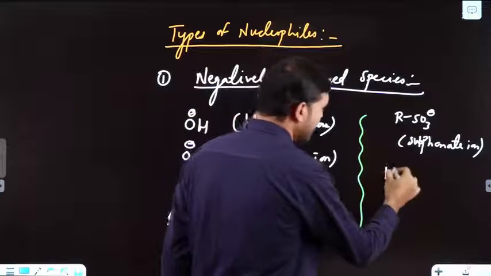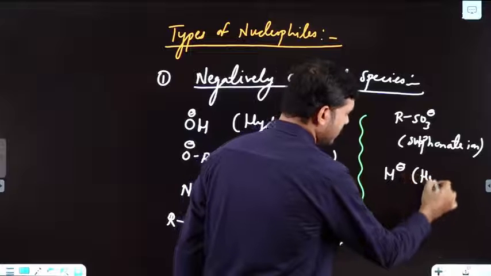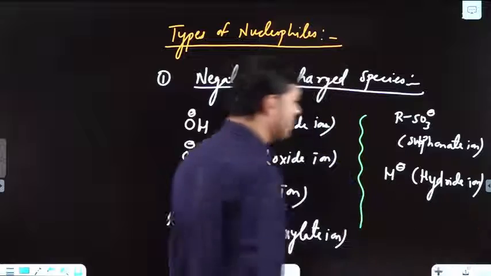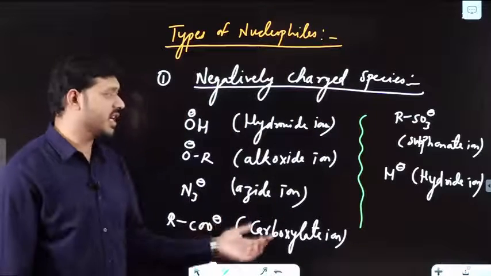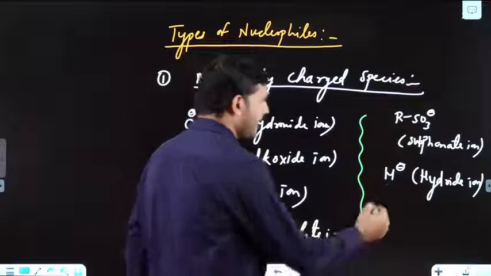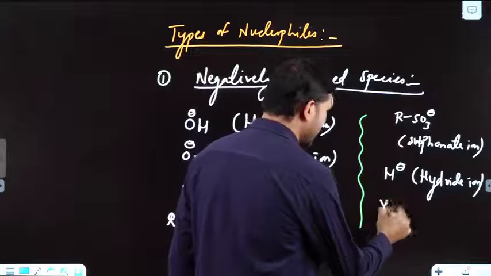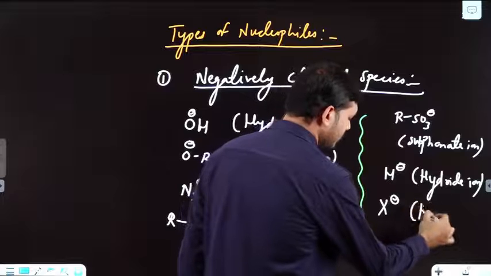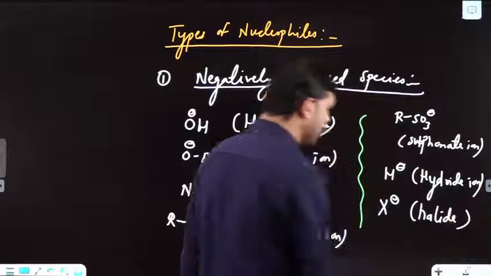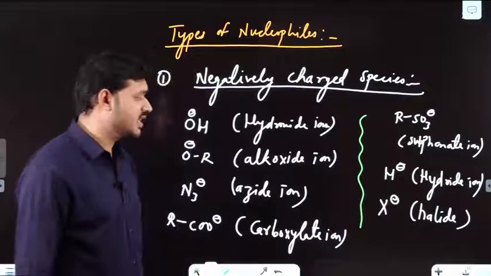Now if I say H minus, hydride ion. Among all these cases, the most reactive will be H minus hydride ion, because it is highly unstable. Then if I say X minus, halides. Okay, X is your halogen, X minus halides.